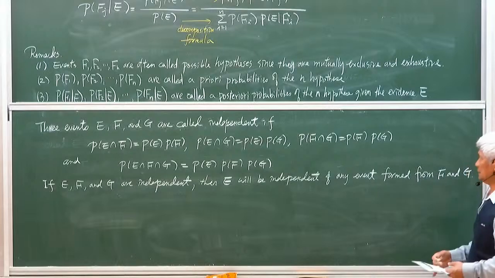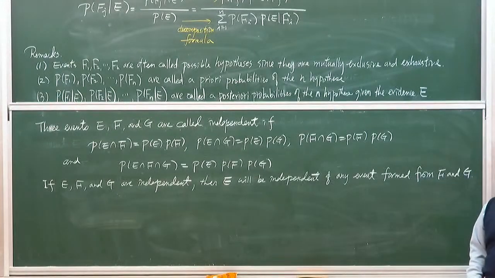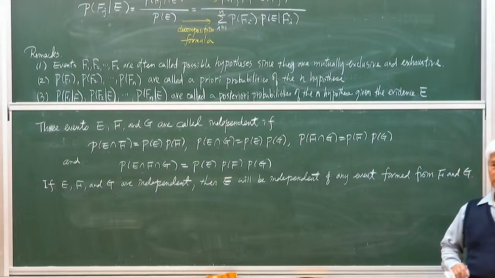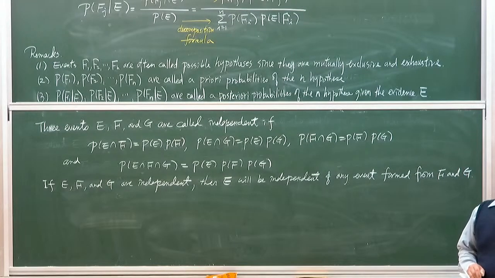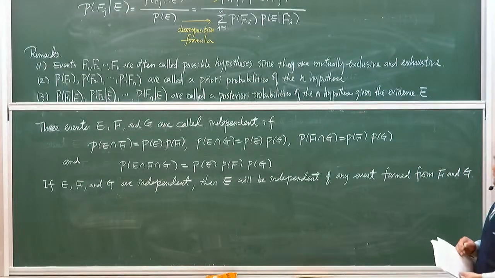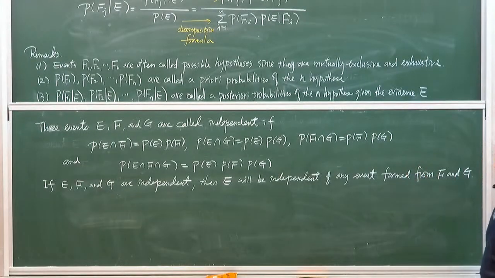Formed means that from F and G we can use the not, and, and or to form new events.